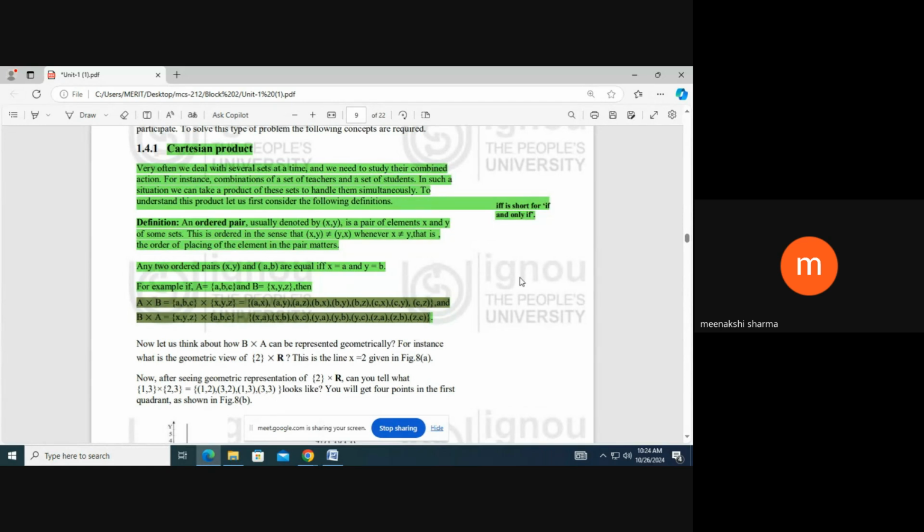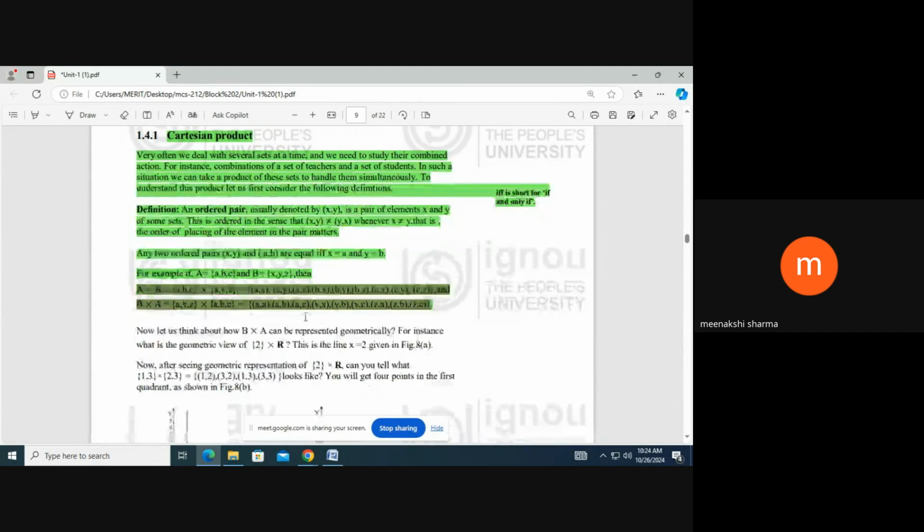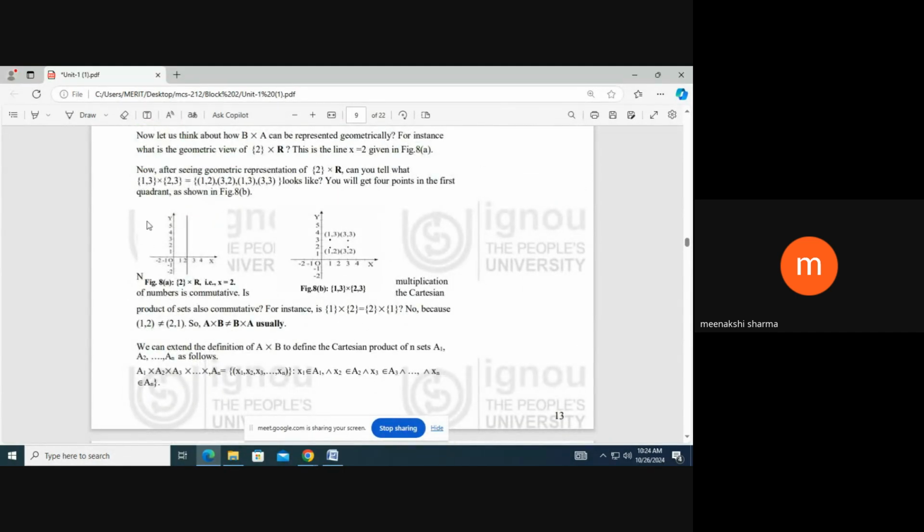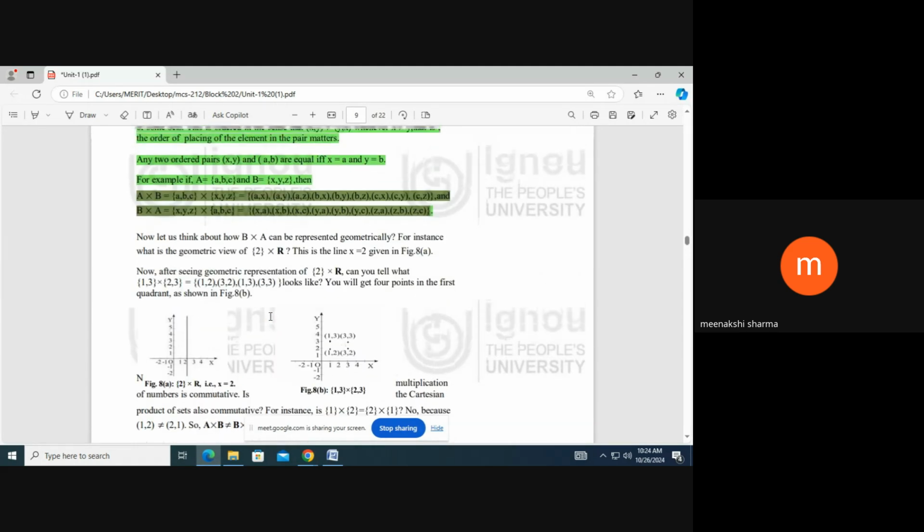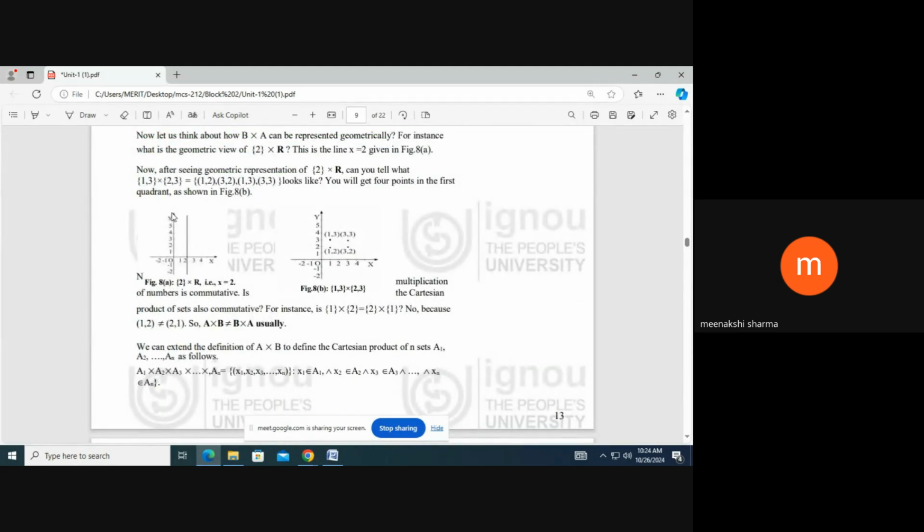Okay, this is only the Cartesian product, and there is a graph-type table with an X series and a Y series. On the graph we plot some points.